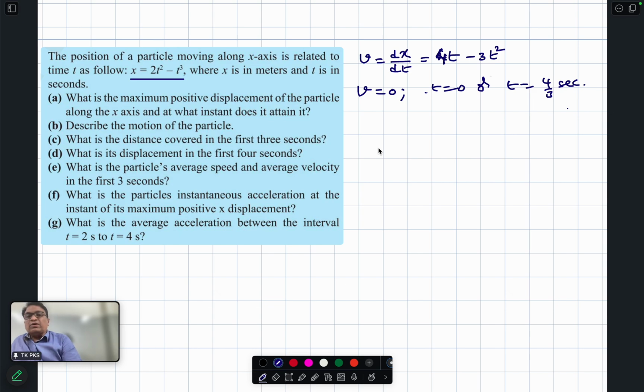So therefore, you know how to handle this. If I plot a graph, every question in kinematics, graph takes a crucial role. Right. Now this graph will have a nature like this.